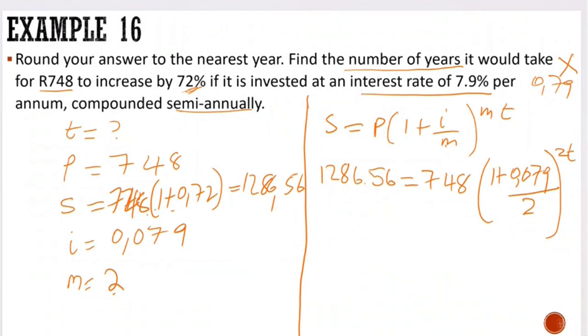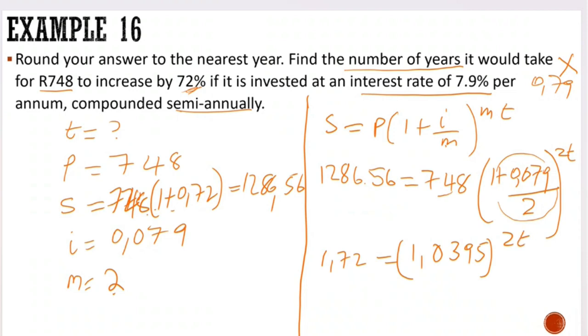Okay. So you are going to have 1286,56 divided by 748. That is going to be equal to 1,72, which is equal to what you find here. You're going to get 1,0395 to the power 2t.